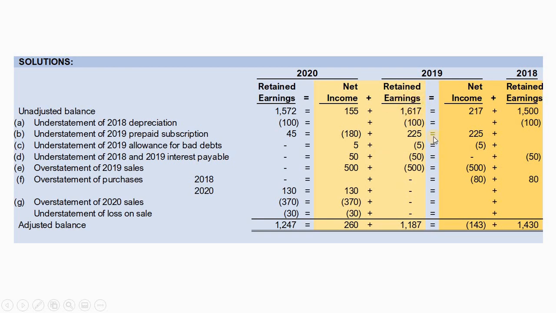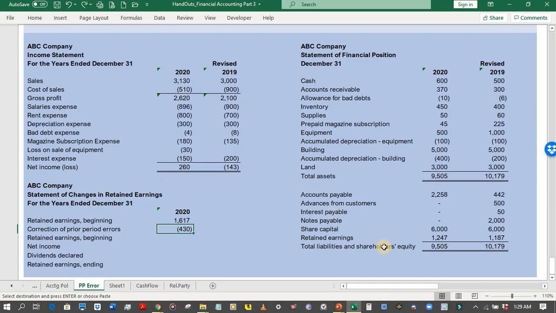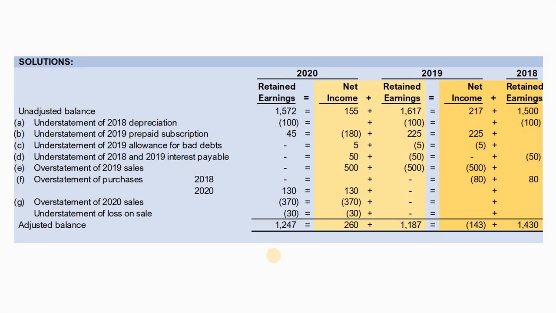And this is the net effect of the corrections of errors from letter A to letter E. So if you get the net effect of these adjustments, this is negative 430. So that is why our adjusted retained earnings at the start of 2020 is 1,187. And based on our table, that is the adjusted ending balance of the retained earnings as of 2019. Of course, this is the adjusted retained earnings beginning in 2020.